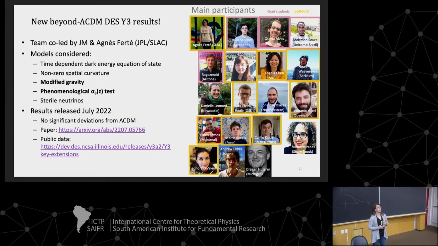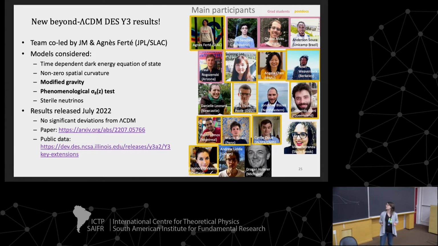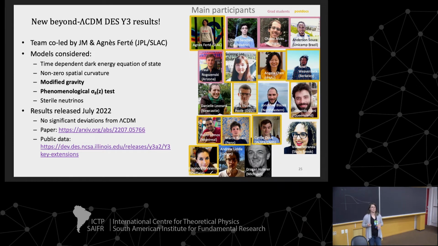We looked at non-zero spatial curvature. The ones that I'm going to highlight in the remainder of the talk are a modified gravity parameterization and then a phenomenological test where we constrain sigma 8 in different redshift bins. We also studied sterile neutrinos, which I won't talk about now, but I find pretty exciting as well. So that's another thing that I'm happy to be asked about during coffee breaks.